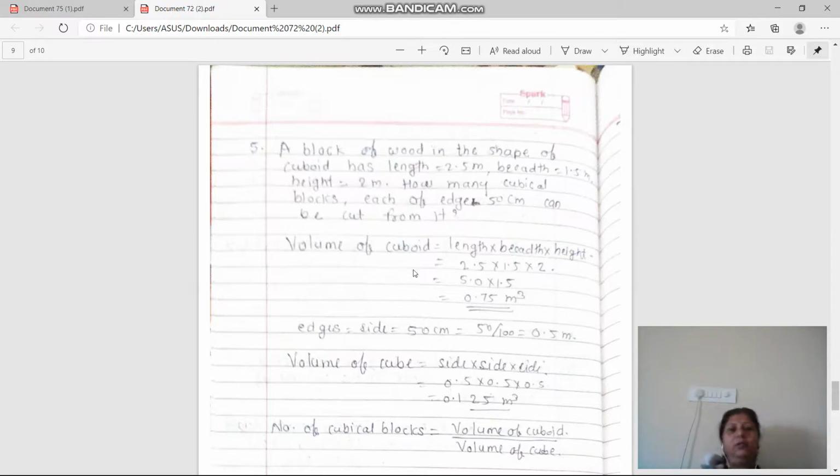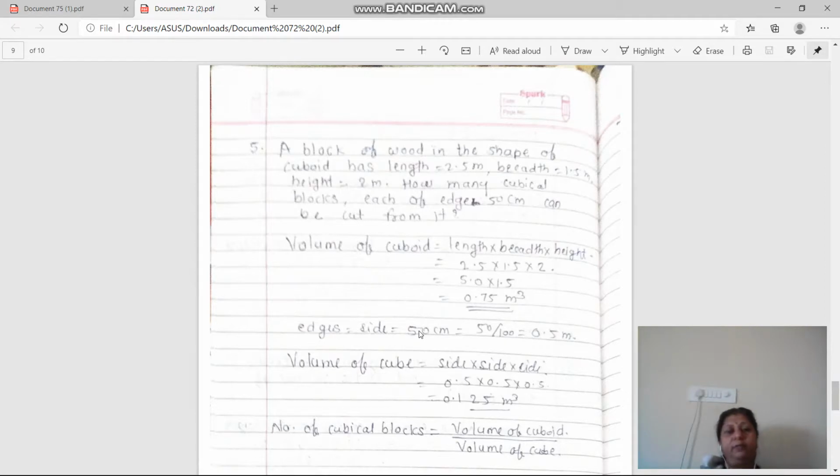So volume of a cuboid is equal to length into breadth into height. So what is the length? 2.5 multiplied by 1.5 multiplied by 2. We get 0.75 cubic meters. Okay. Now the small cube's volume. Its edge is 50 centimeters.